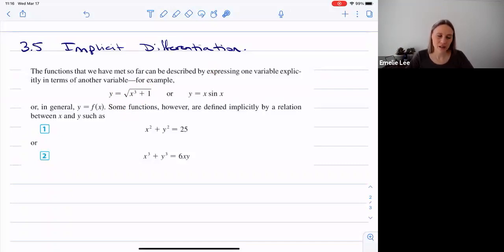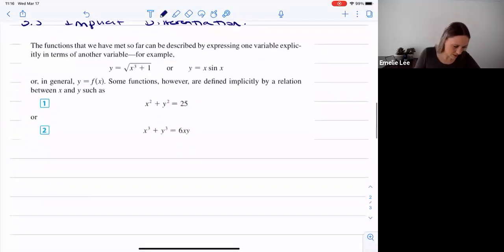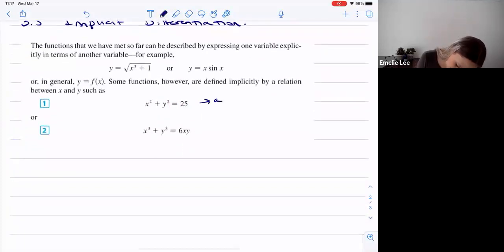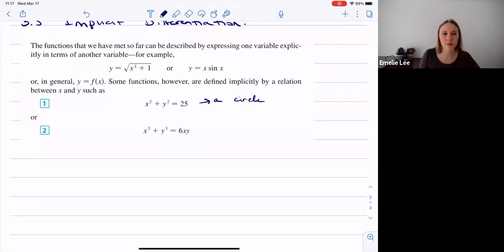Now we can still deal with expressions like x squared plus y squared equals 25. We could solve this for y, right? We could rearrange, but this is of course a circle with radius 5. x squared plus y squared equals r squared, so a circle with radius 5.